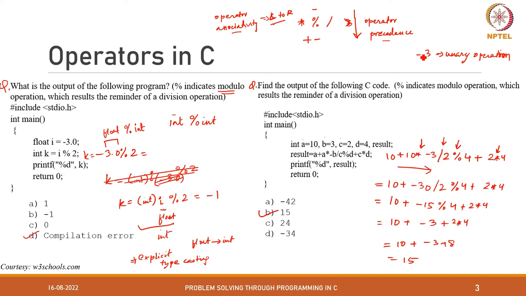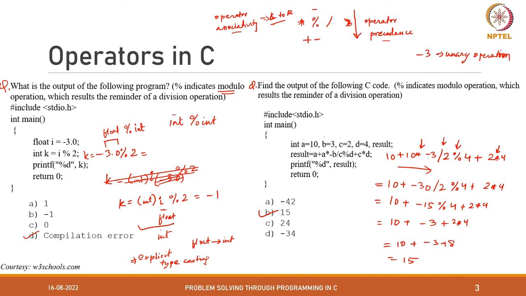Here in this expression, this minus 3 is a unary operation because it is acting only on a single operand, which is 3. It is just making it negative, that is, the sign of the integer is changing from plus to minus. This has the highest precedence here. And then you have the multiplication, division, and modulo operations occurring. But all of those are used in the same expression. So what to do then?